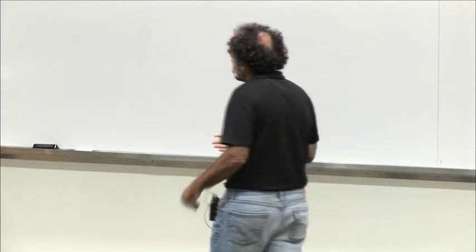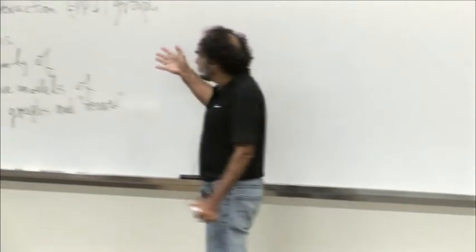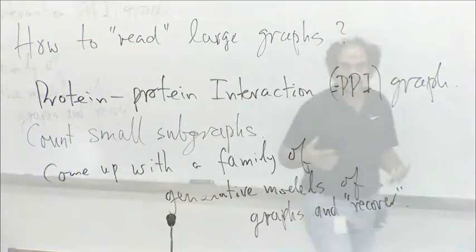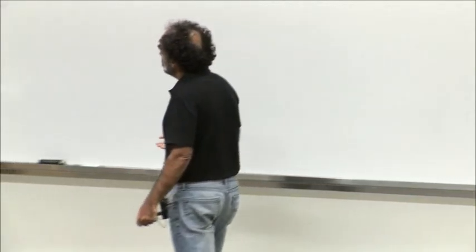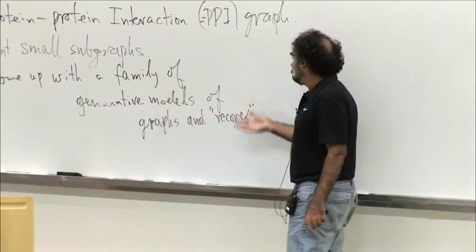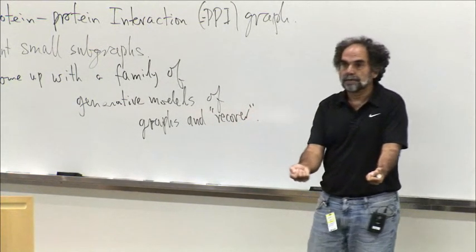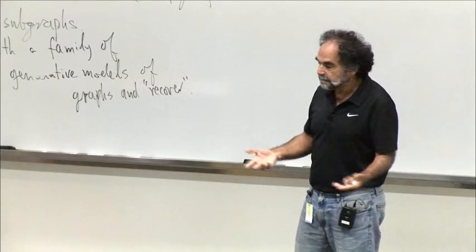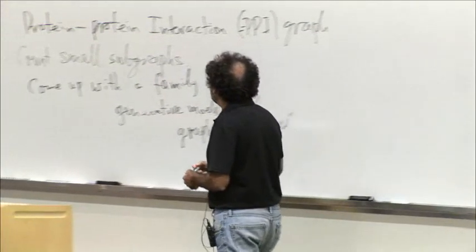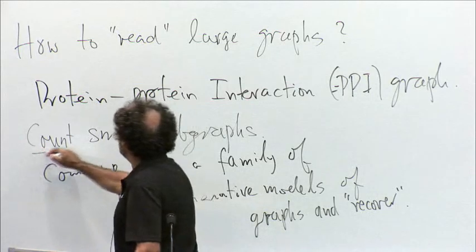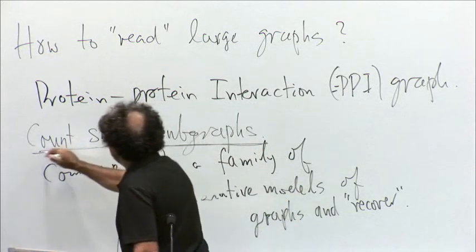We don't understand exactly what this means, but for example, one thing you could say, okay, let me come up with some simple models, in analogy with the standard distributions that we consider in probability and statistics. And then let me find out what the defining parameters are for this graph. So that's an approach. And now I want to mostly concentrate on this.